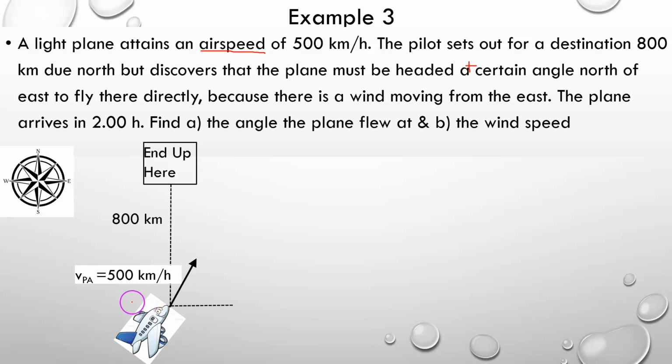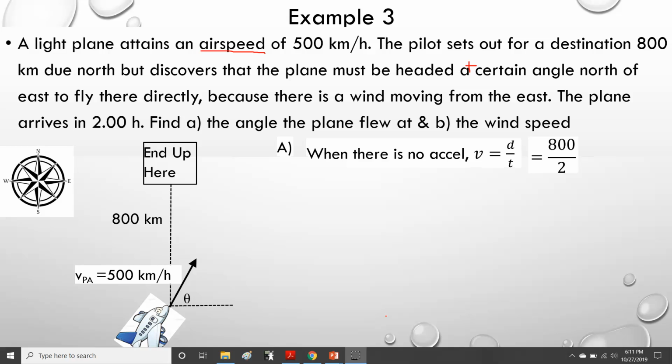So the velocity of the plane relative to the air, VPA, is equal to 500 kilometers per hour, and that's the hypotenuse of the triangle. And we want to end up finding that angle.